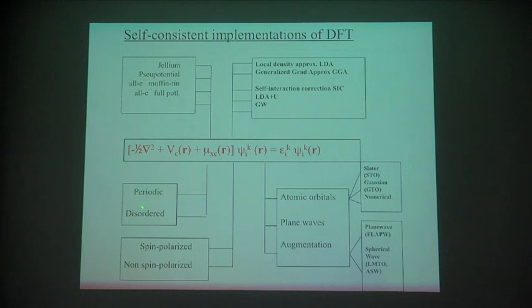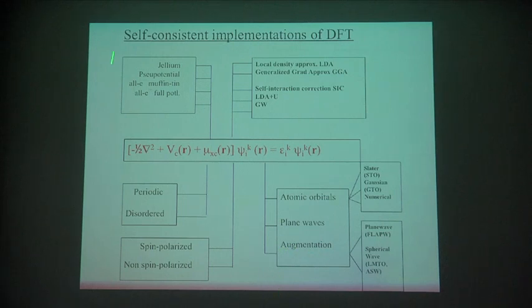So you can work it for a periodic system or a disordered system. You can do it for a spin polarized or non-spin polarized system. And today, whatever both of us have talked about are the different basis sets, whether it is plane waves, or atomic orbitals, which we have discussed, and finally what I discussed now is what is augmentation.